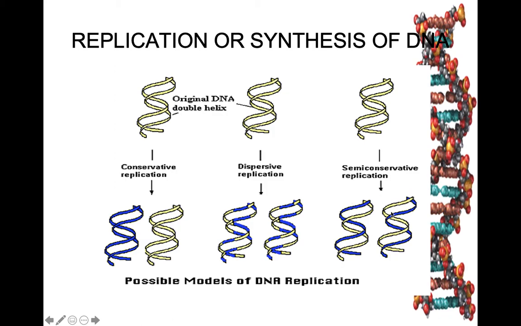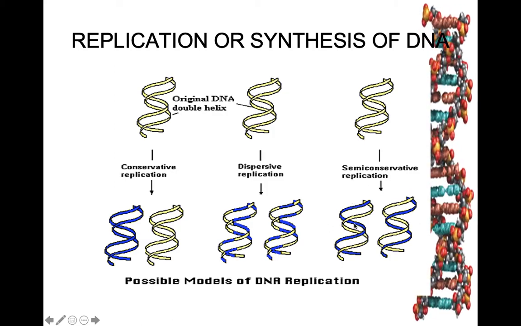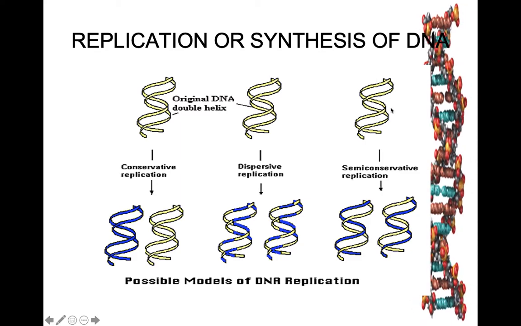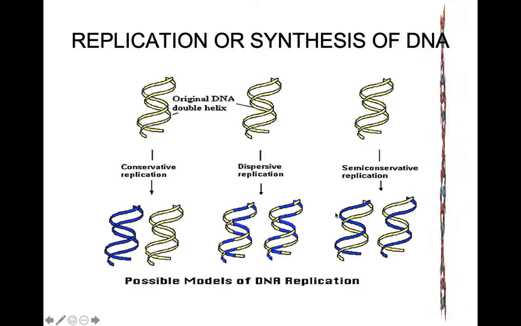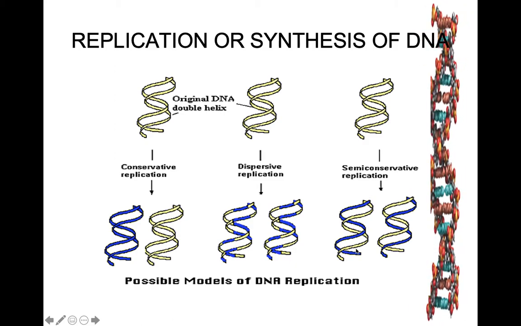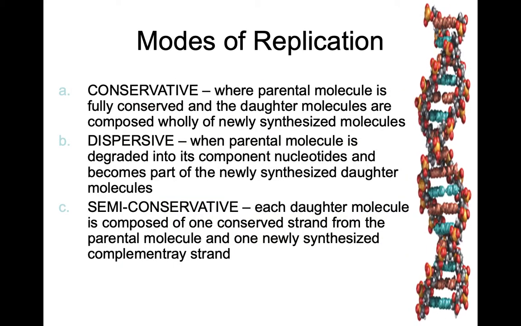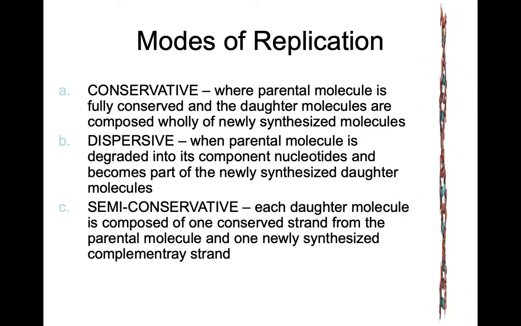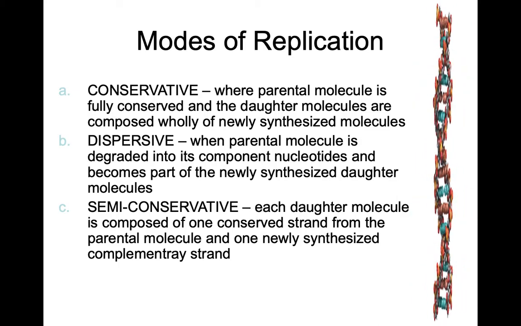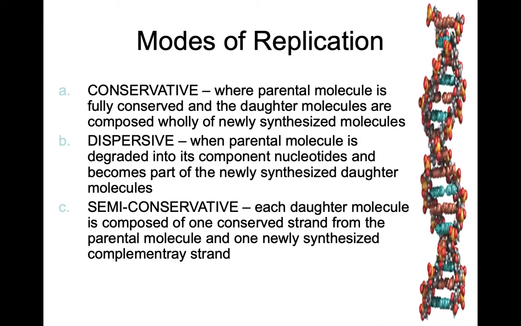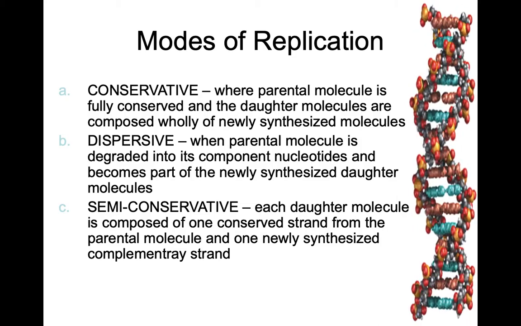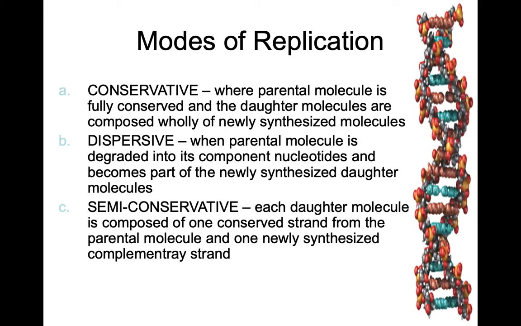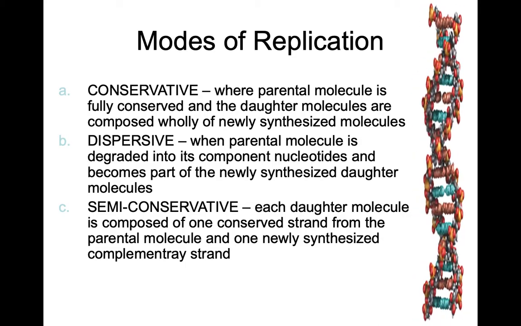So the two DNA molecules that will be the byproduct of a single DNA molecule are each composed of an old strand and a newly synthesized complementary strand. So you have two separate molecules. Okay? So remember these three mechanisms. But of course, we're only paying attention to the semi-conservative, where each daughter molecule will be composed of one conserved strand from the parental molecule and one newly synthesized strand complementary to the parent strand.